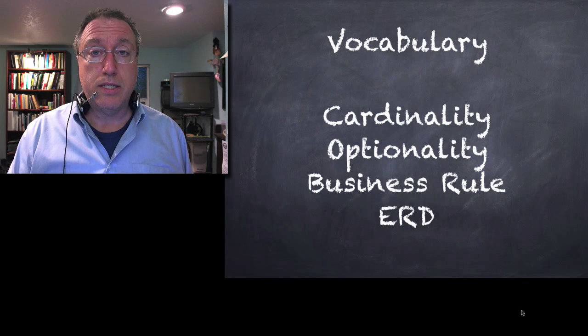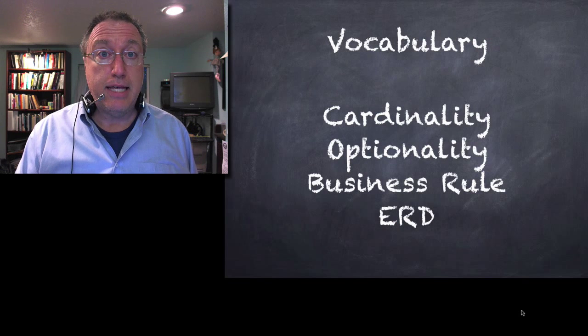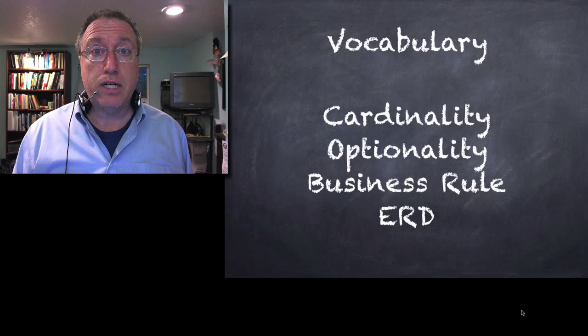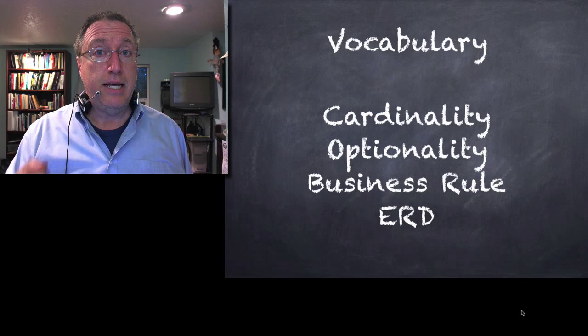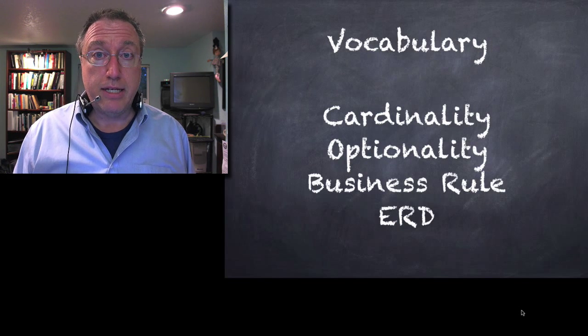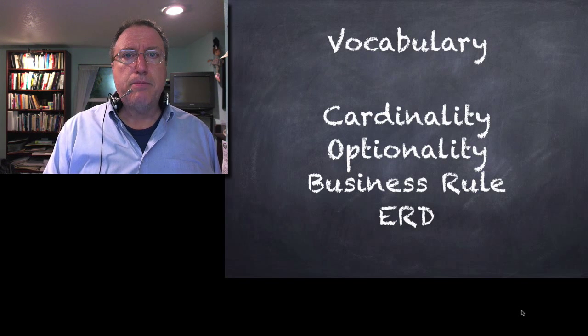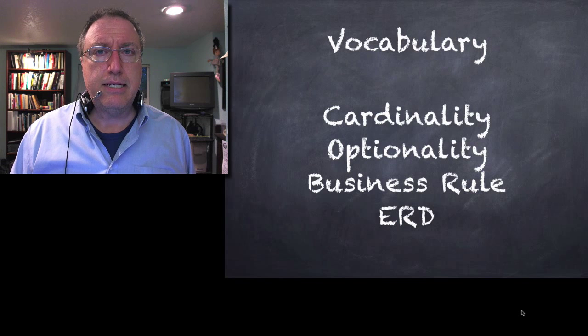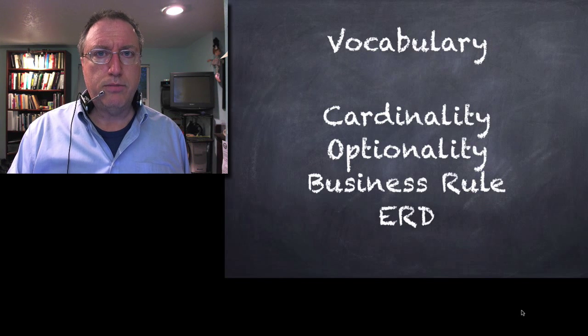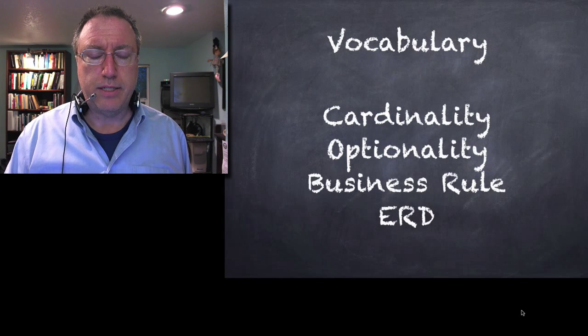Okay, let's review the vocabulary terms that we ran into in this video. Those weird ones, cardinality and optionality, are the ones you're going to have to remember. Cardinality is how many are we talking about? Optionality is, do I need it or not? Is it optional or not? A business rule is a pair of simple sentences that describe the customer's data in our situation.